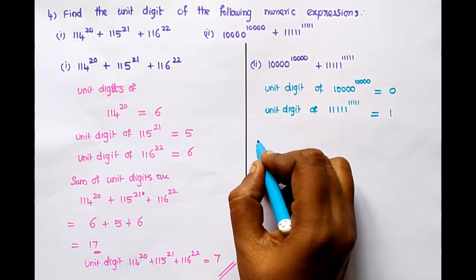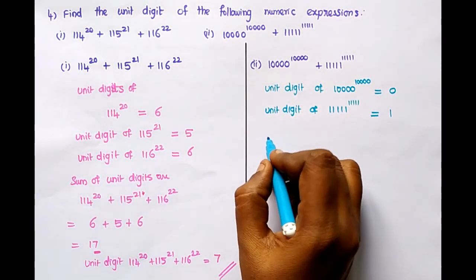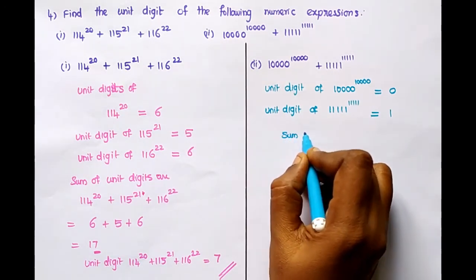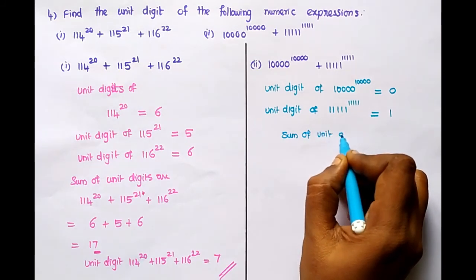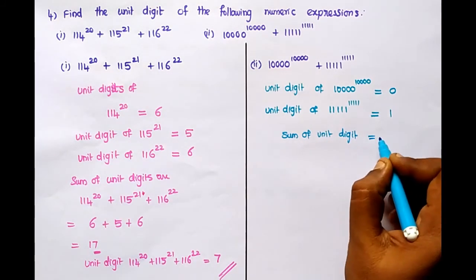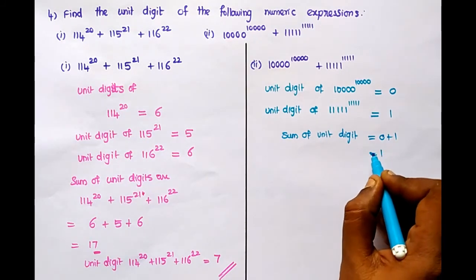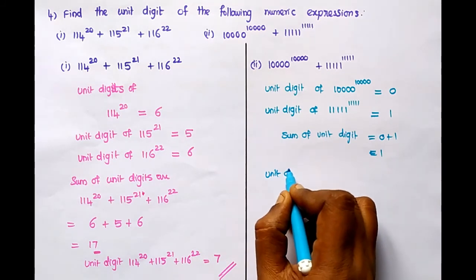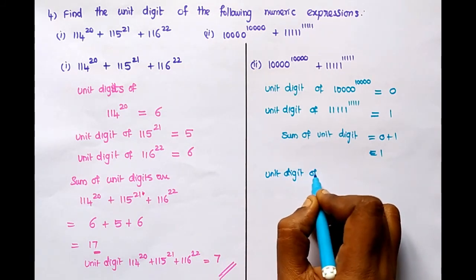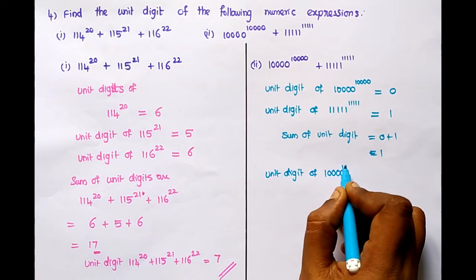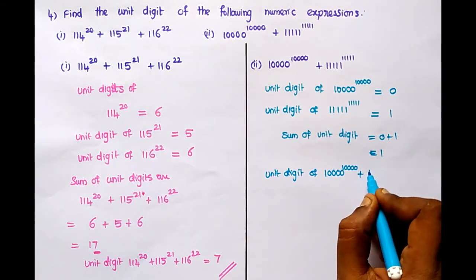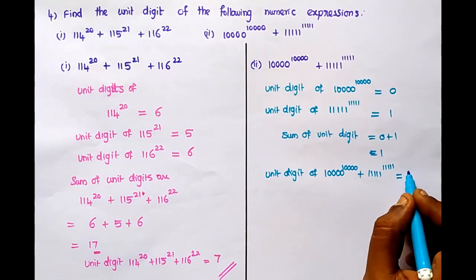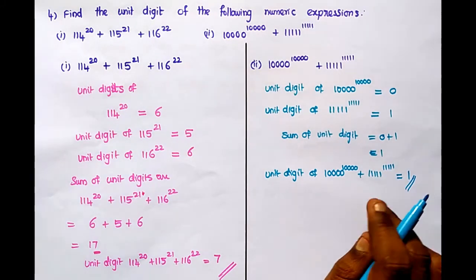So now sum of unit digits is 0 plus 1, 1. Now the unit digit of 10,000 power 10,000 plus 11,111 power 11,111 is 1 only. That is the answer.